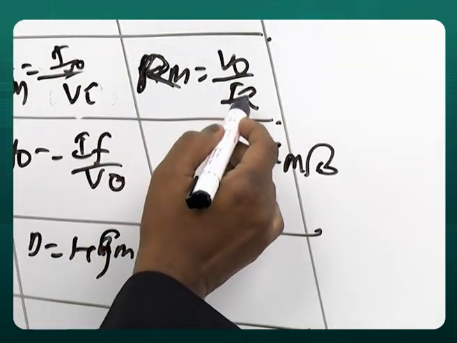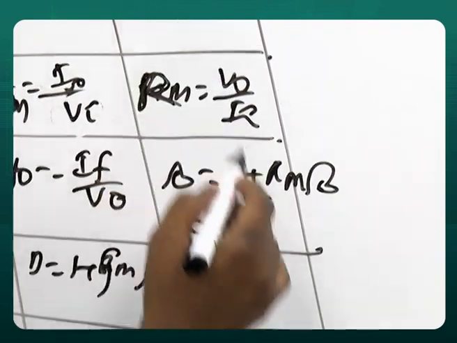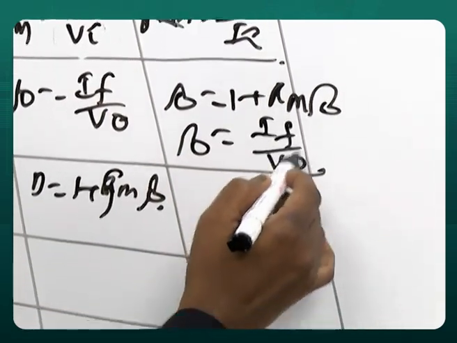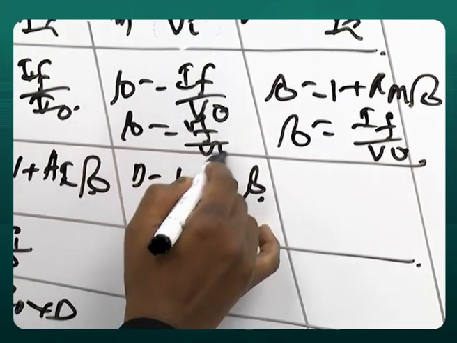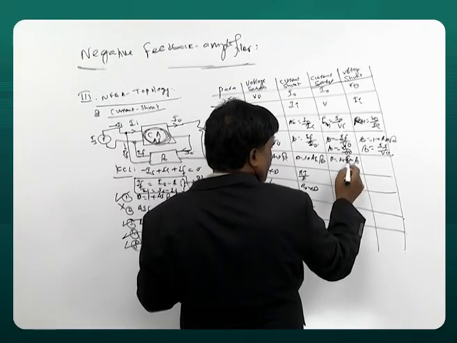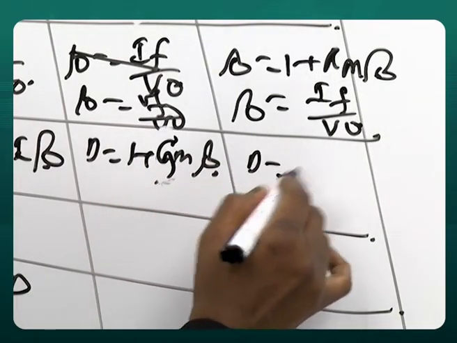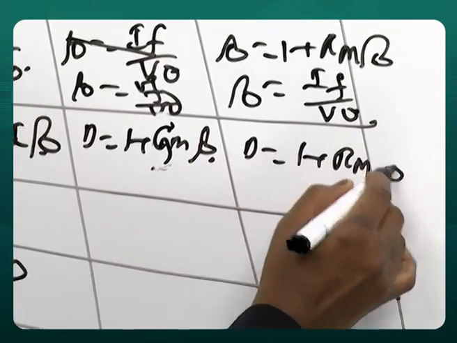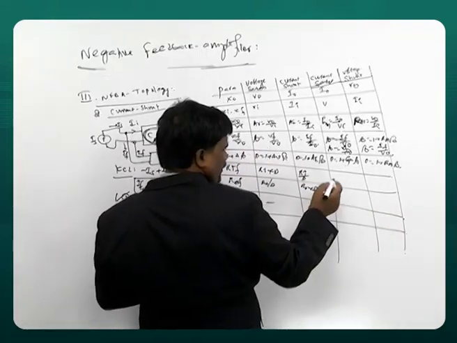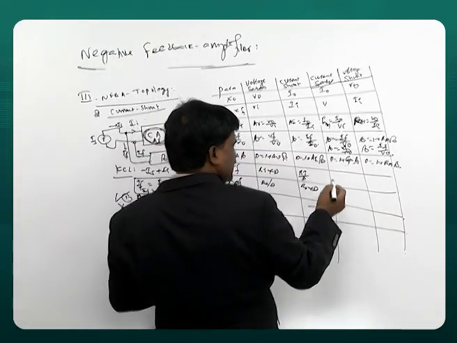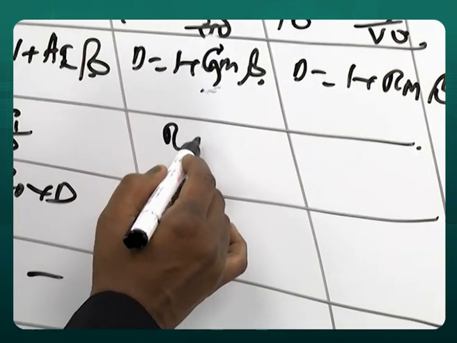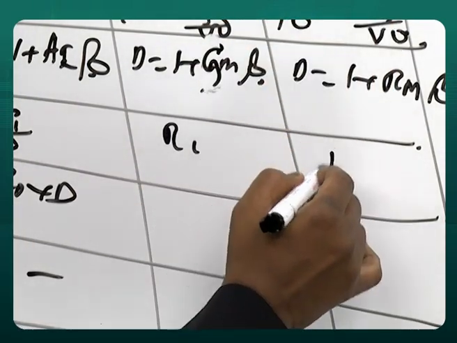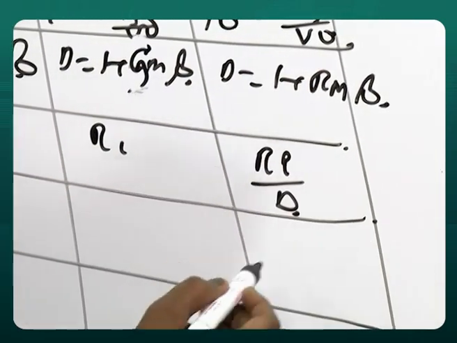Beta is here XF, IF by V0. Here beta is Vf by V0. So this is 1 plus Gm, this is 1 plus Rm. You tell me, both decreased, resistance means both decreased.